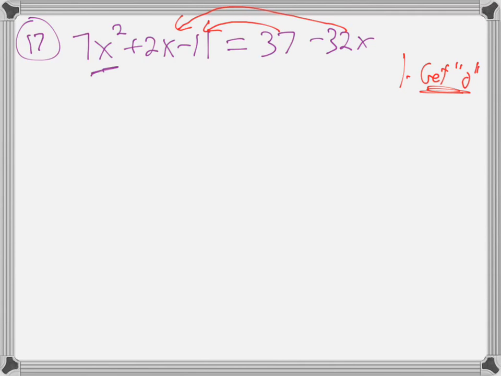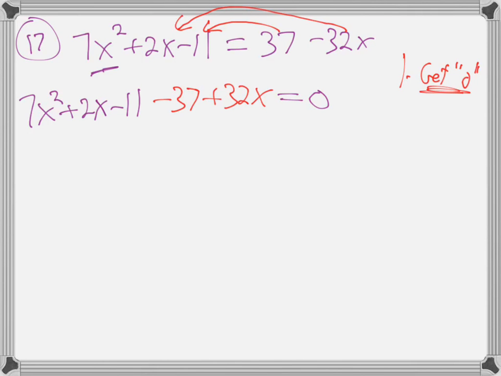Right? So when they jump over, all the stuff that's already there just stays put. And then you bring this stuff over, minus 37 plus 32x. Does that make sense? See how they switched signs when they jumped over?